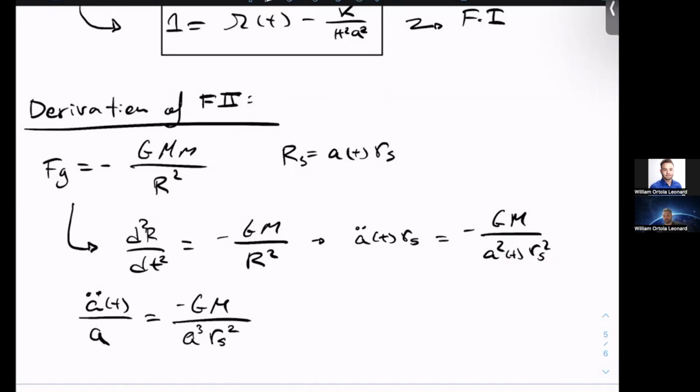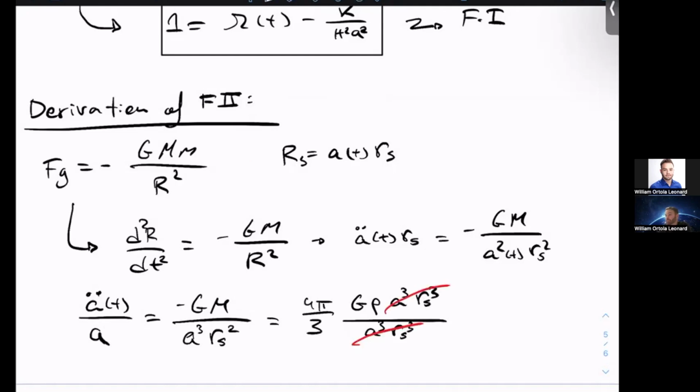And remember once again that the mass of this sphere can be expressed in terms of the volume, and then also in terms of the energy density. Then this is going to be 4 pi divided by 3 times G times rho times the cube of this radius, which is going to be a cubed rs cubed, and then this is divided by a cubed and rs cubed, which means that this is going to simply cancel out.